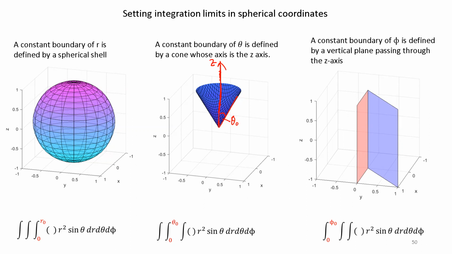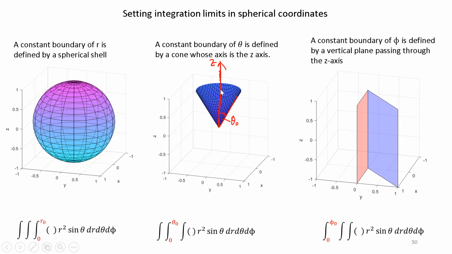So this theta naught boundary forms this cone. So you can be anywhere in this cone.